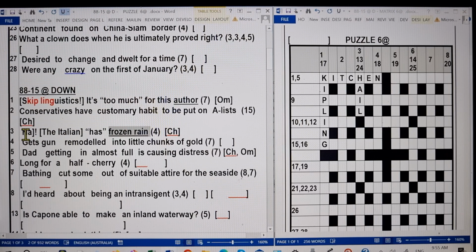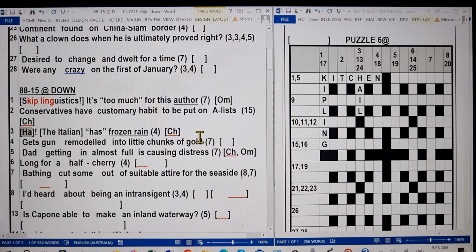Why does that work? Well, simply because ha is charaded with the Italian. Now, the Italian is not the Italian, it's the in Italian, which is il. So ha with il gives you hail. And that's how you get the hail in your charade.